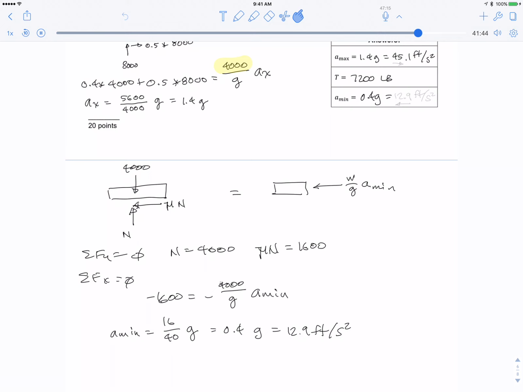So that's going accelerating and decelerating. Okay, so here's the last problem.